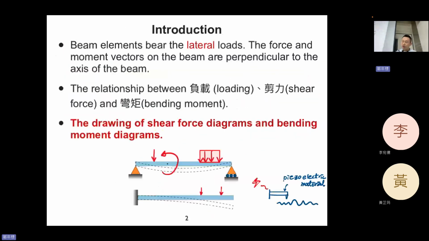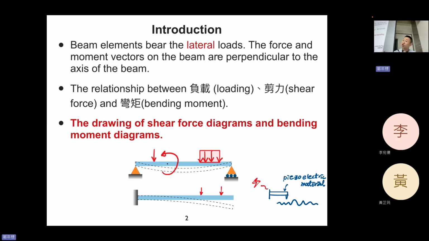And the chapter 4 recap is that we're going to learn the beam behavior subjected to lateral loads. What does that mean? It means that all the loading in the cases we study in this chapter is always perpendicular to the axial direction of the beam.